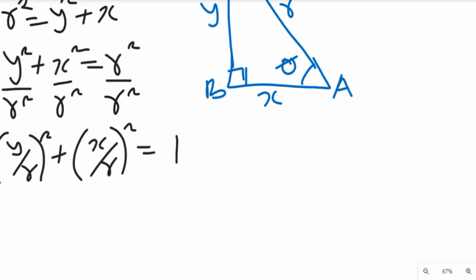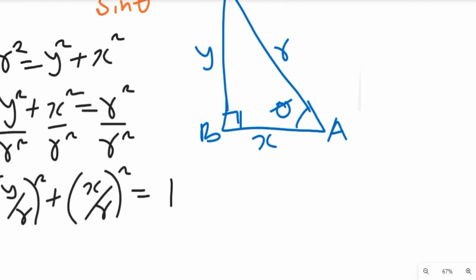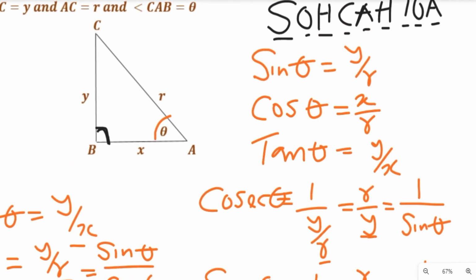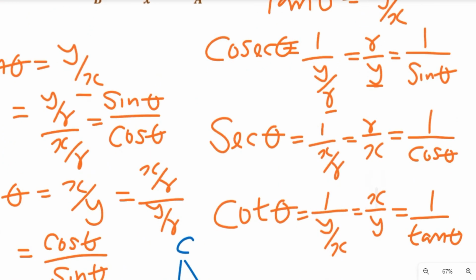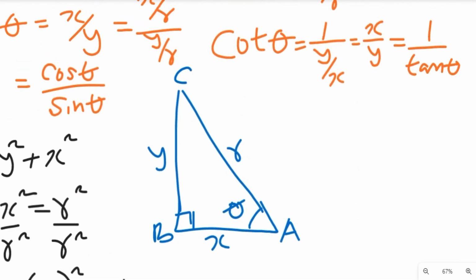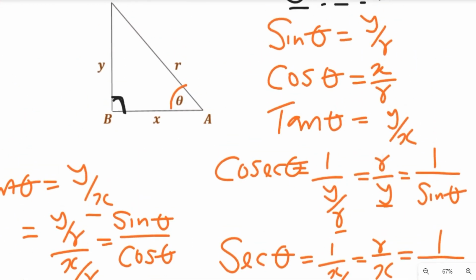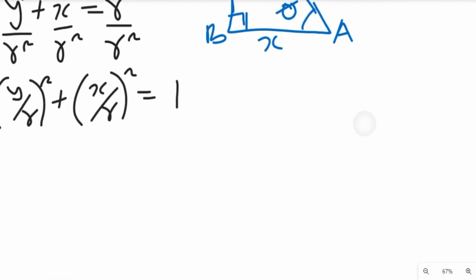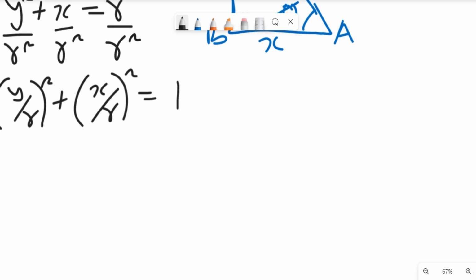Now let's get back to what we initially have. What is y divided by r? That's sine theta. Good. And what is x divided by r? X divided by r is cos theta. So what will it invariably give us?